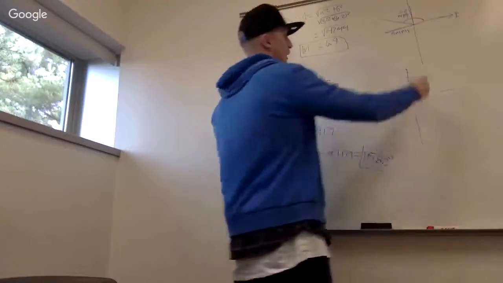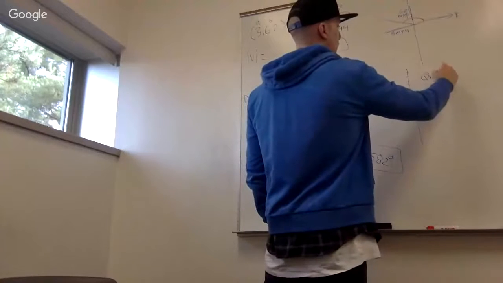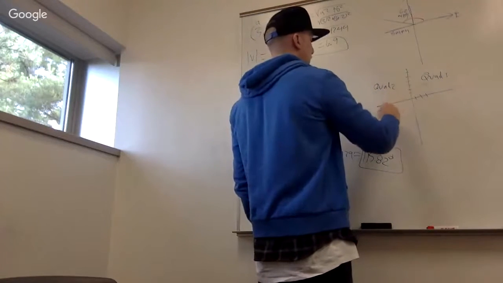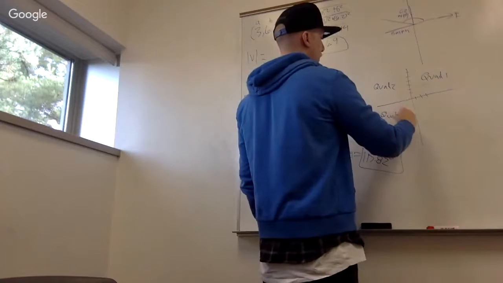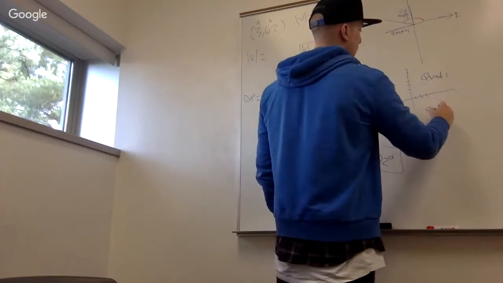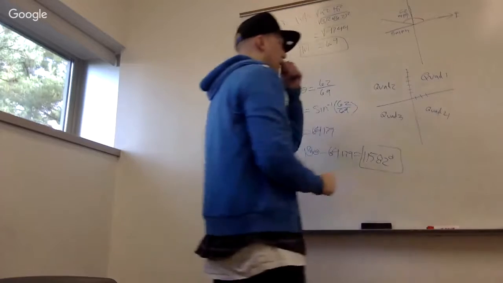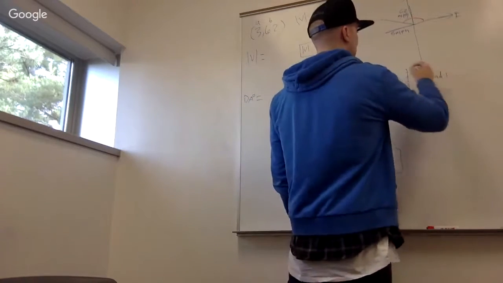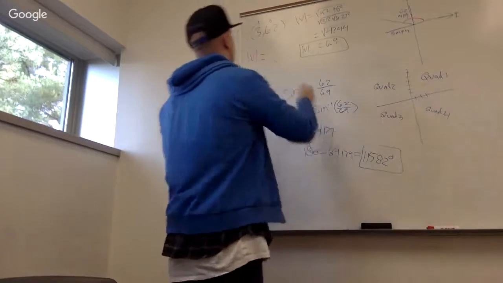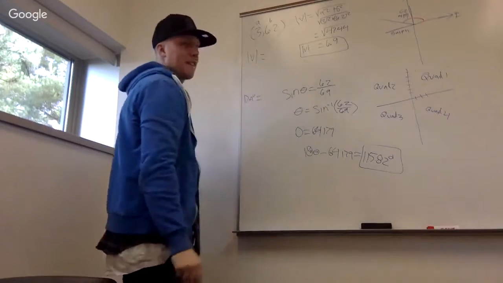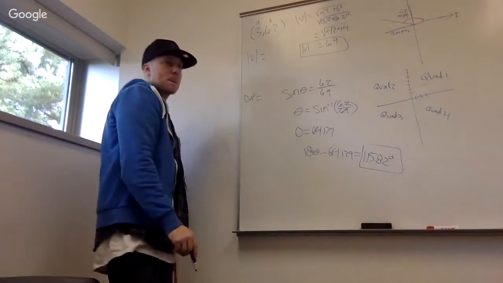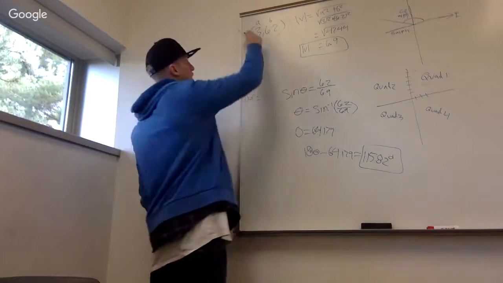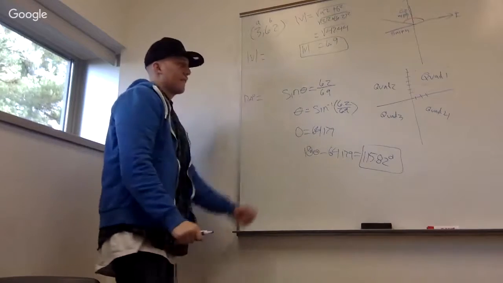So we know this is quadrant 1, 2, 3, 4. That's why I'm almost debating this is west. Unless this would be negative 3 to be in quadrant 2. But yeah, we were right with quadrant 1.